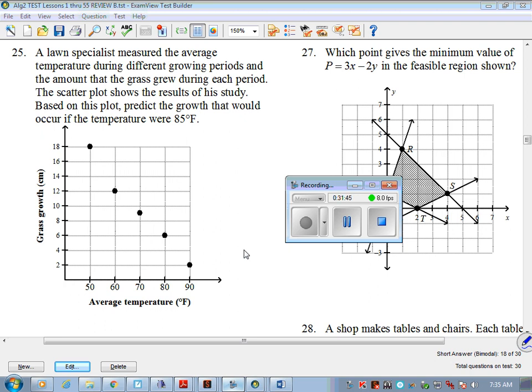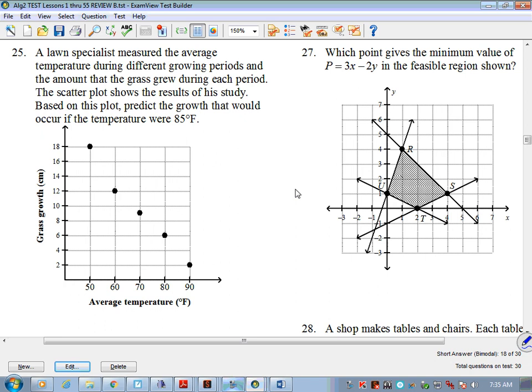So let's read the question. A lawn specialist measured the average temperature during different growing periods and the amount that the grass grew during each period. The scatter plot shows the results of his study. Based upon this plot, predict the growth that would occur if the temperature were 85 degrees.